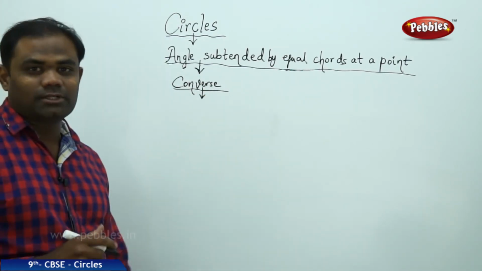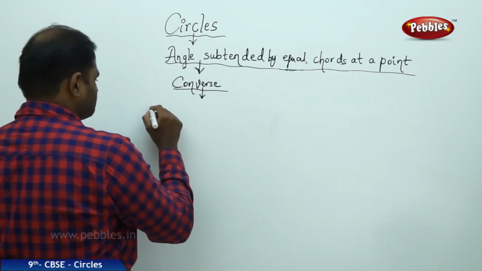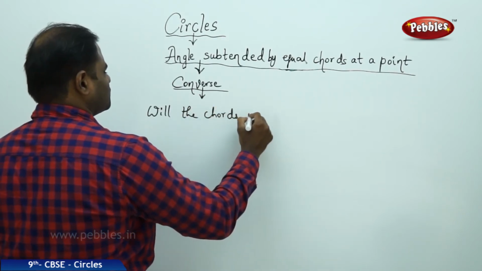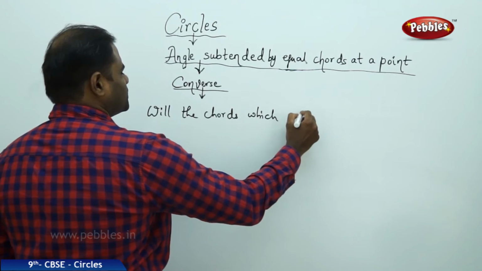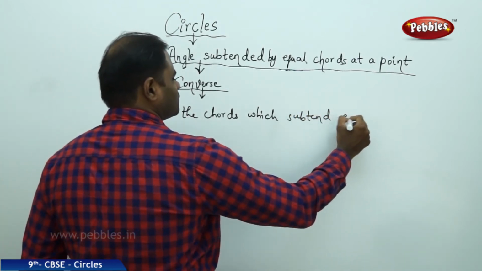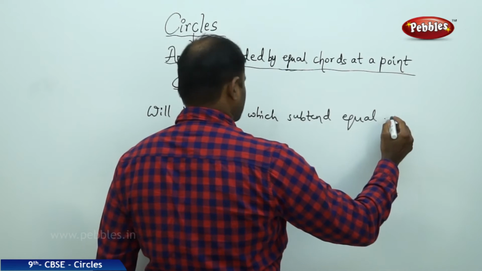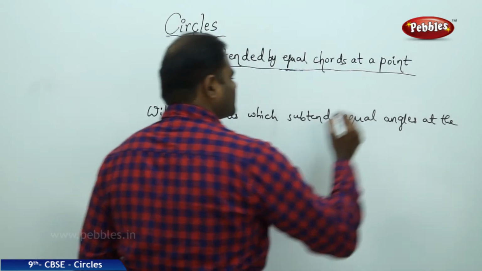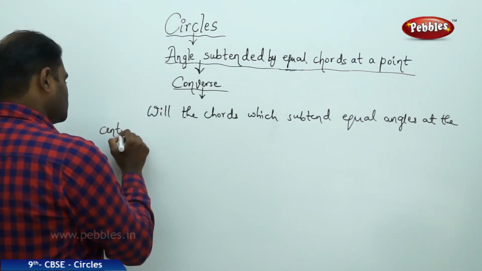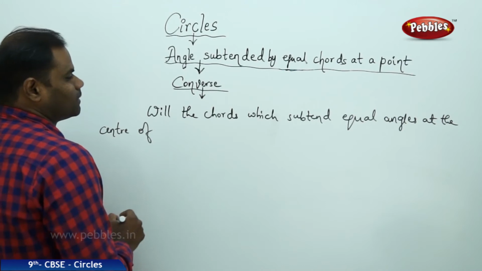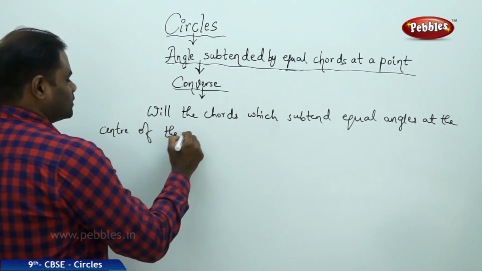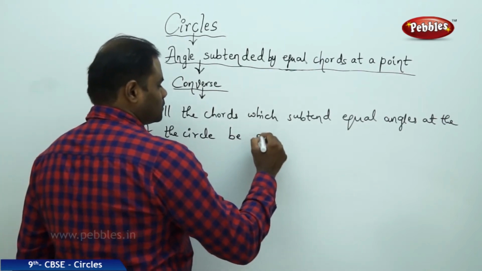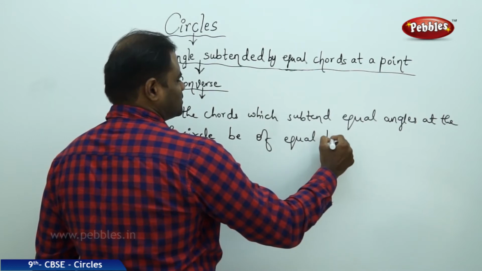So here my question in the converse is, will the chords which subtend equal angles at the center of the circle be of equal lengths?